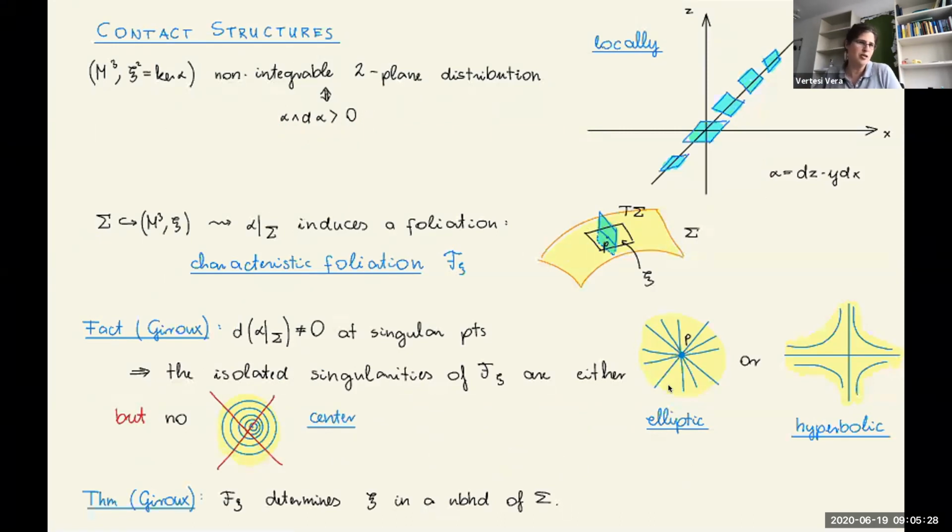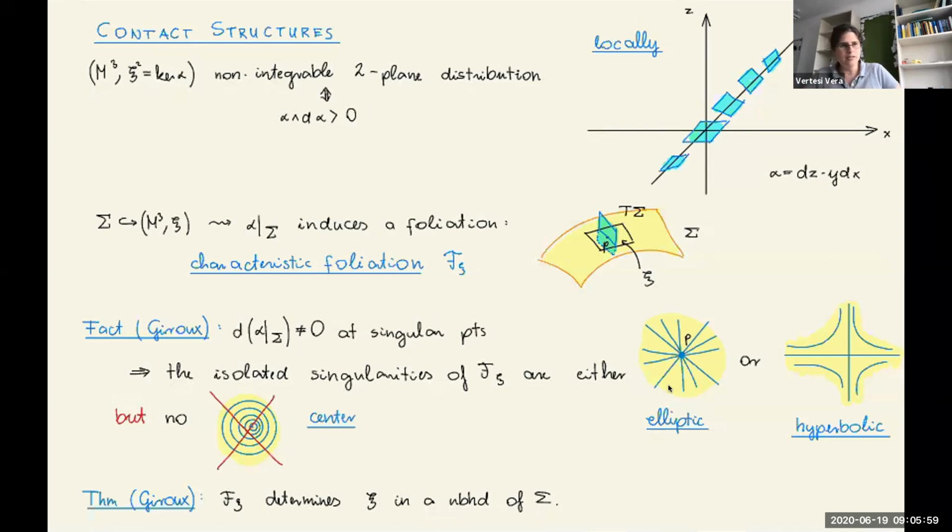I'm assuming that my three-manifold is oriented, and that every contact structure ever talked about is co-oriented. If you have a surface in a three-manifold, then the contact structure induces a foliation on the surface. This is called a characteristic foliation. It is defined by this one-form restricted to the surface.